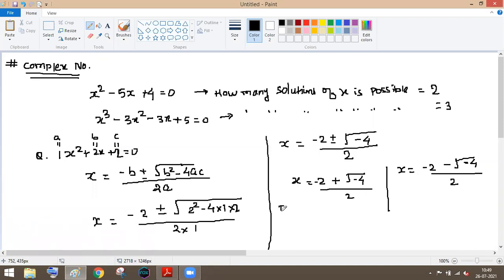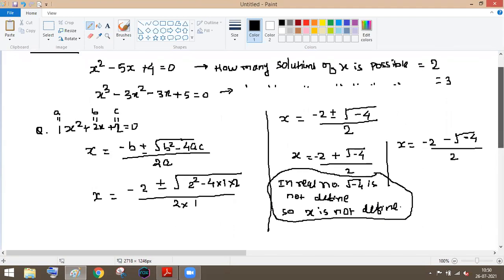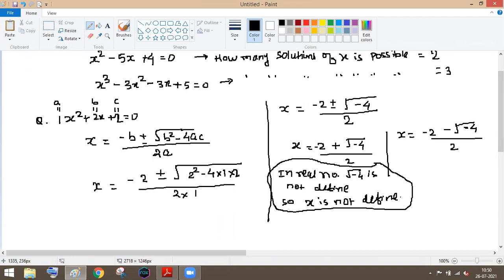So can we say that in real numbers, root over minus 4 is not defined, so x is not defined. कि जो root over minus 4 है, that is not defined in the real number. आप कैलकुलेटर से भी कैलकुलेट करके देखिए, आपको रूट ओवर -4 इनवैलिड इनपुट बता रहा है। इसका मतलब क्या, आपने जो x वहां पे जो आपने रूट के अंदर में जो वैल्यू डाला है वो डिफाइन ही नहीं है in the real number.